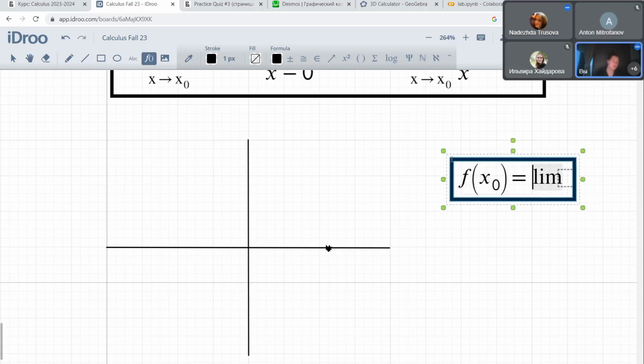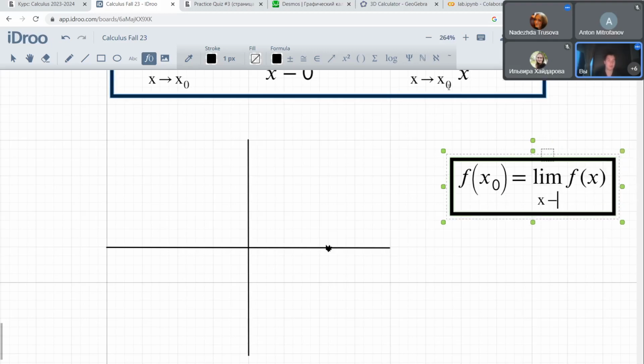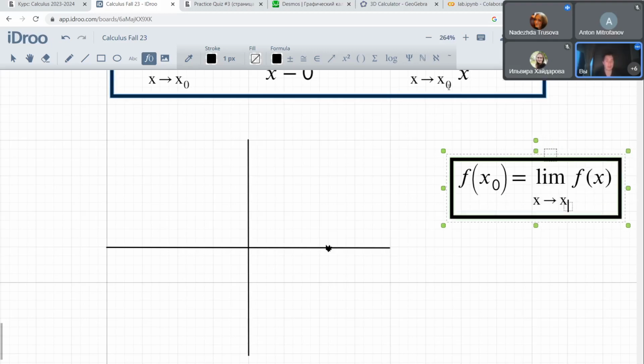We need the following thing: this limit equals the value of this function. But is it possible that we have this limit in one point, only in one point, but in the neighborhood this equality doesn't hold? For example, in the neighborhood.